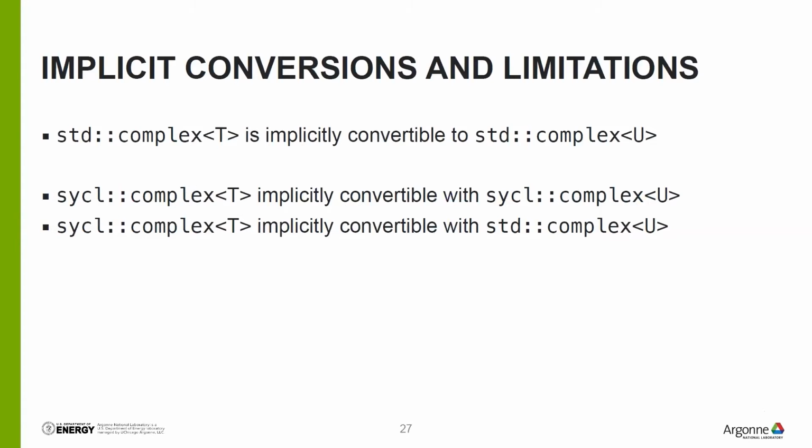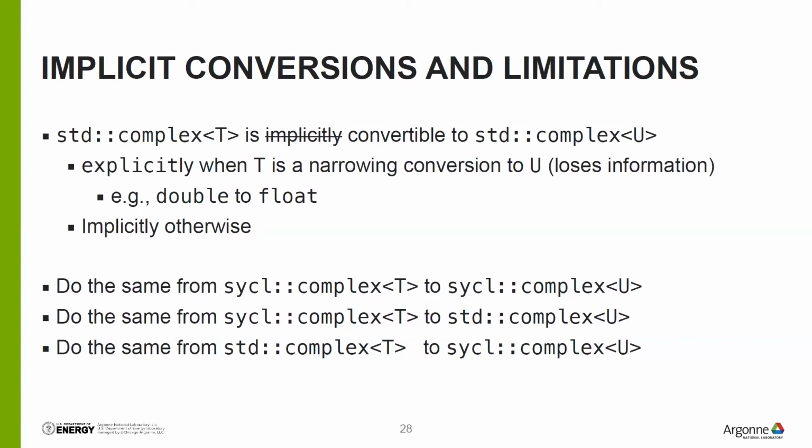But we also do implicit conversions. We kind of initially said complex<T> is implicitly convertible to complex<U>. That's not quite true. It's explicit if it's going to lose information, like double to float. Otherwise, it's implicit. And that is the reason, I think up until C++20, that there are 3 specializations, because there was no way to say explicit versus implicit for constructors and conversion operators otherwise.